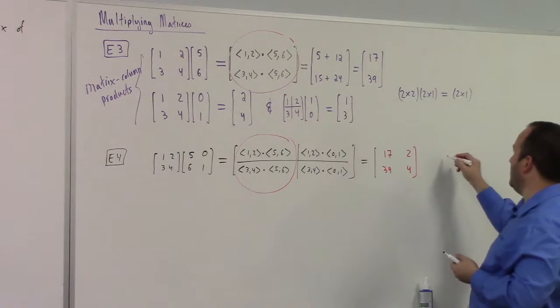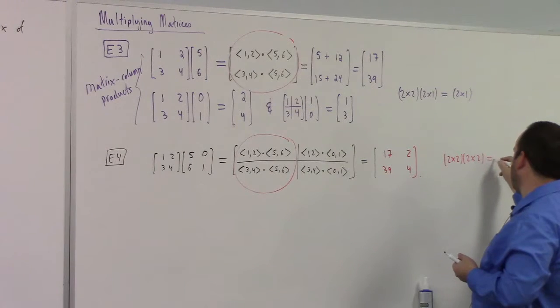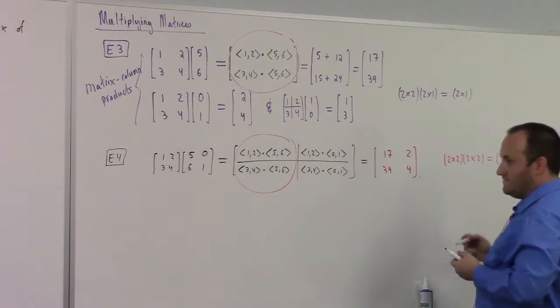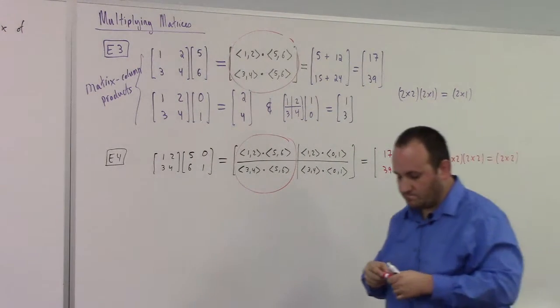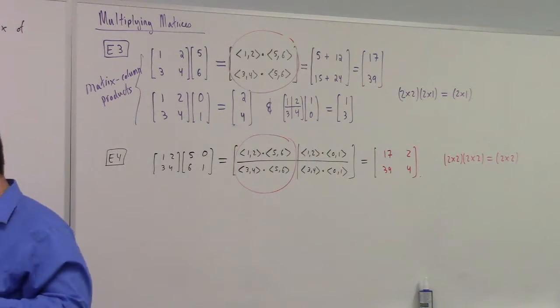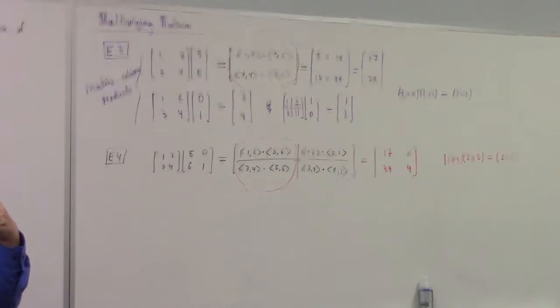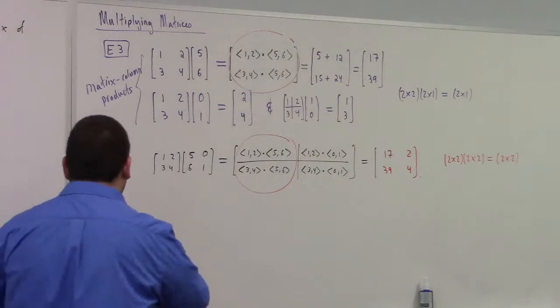So, bigger picture: a 2 by 2 matrix times a 2 by 2 matrix gives you a 2 by 2 matrix, right? So in order to multiply two matrices, the size of the rows of the left factor must match the size of the columns of the right factor. So here's the definition.